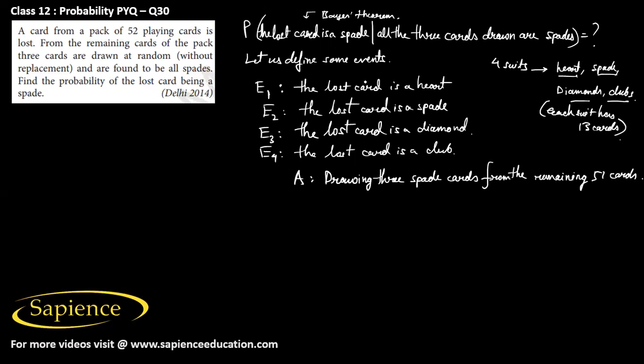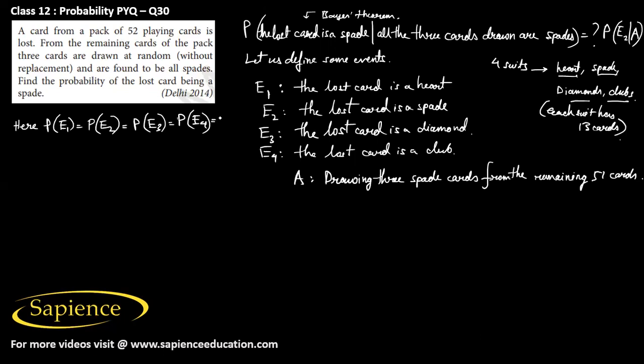Okay, so here we need to find the probability that the lost card is a spade, means P of E2 given A, that we have to find. So now here the P of E1, the probability that the lost card is a heart, is also equal to the probability that the lost card is a spade, a diamond, and a club.